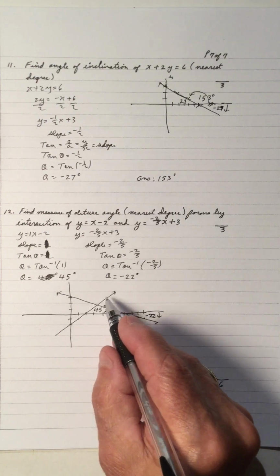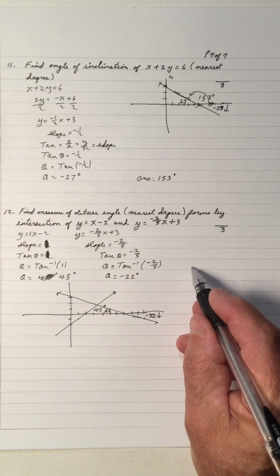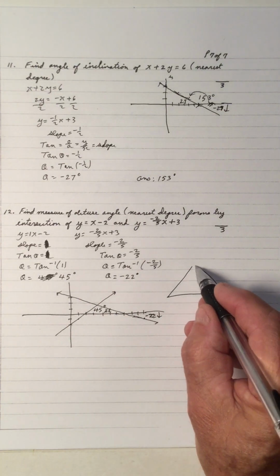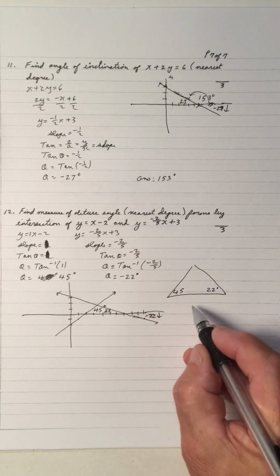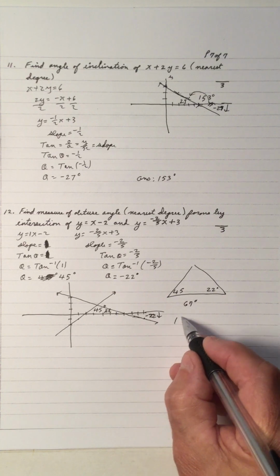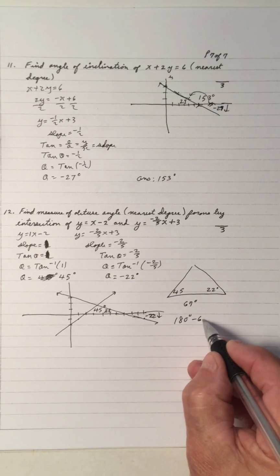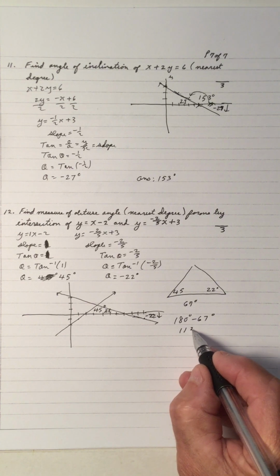We want the obtuse angle formed by the intersection. So we have a triangle with a 45 and a 22. They total 67. So the other angle here is 180 minus 67, which is 113 degrees.